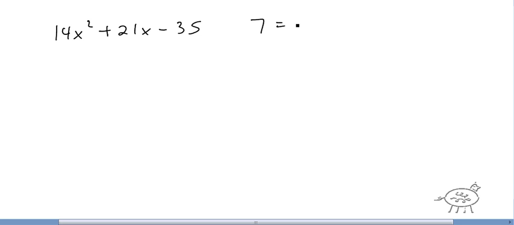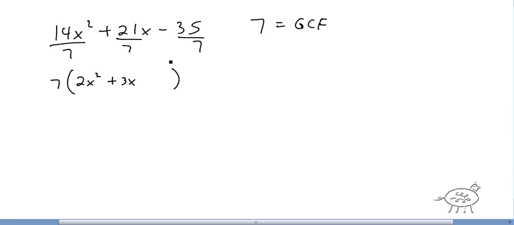So 7 is my greatest common factor. I'm going to draw a line underneath each of those terms and write 7, 7, and 7. My final answer then is 7 parentheses, 14 over 7 is 2x squared, 21 over 7 is 3x, and 35 over 7 is minus 5. And that's your answer: 7 parentheses 2x squared plus 3x minus 5.